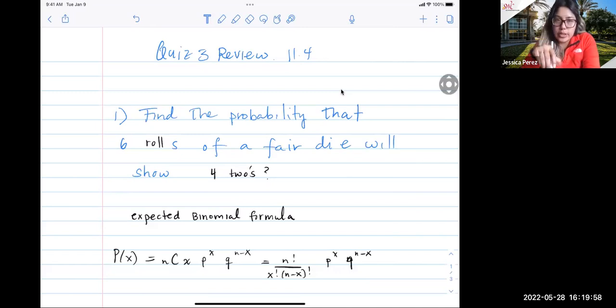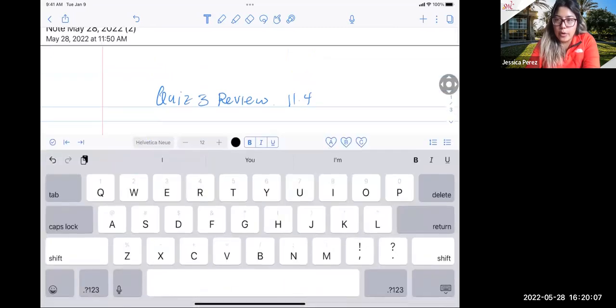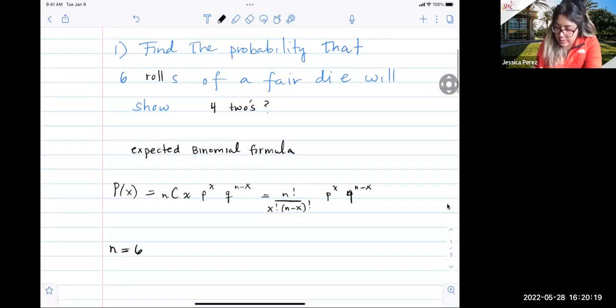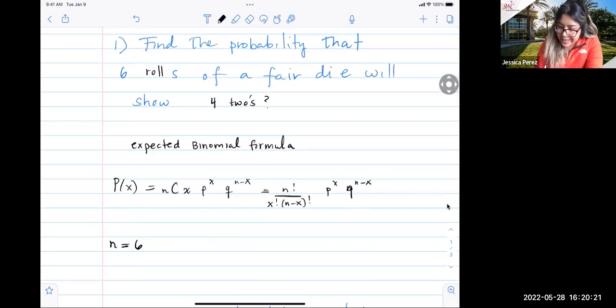So this first question is asking you to find the probability that 6 rolls of a fair die will show 4 twos. So how many trials? The number of rolls is equal to 6. So 6 times you're doing your experiment and you're finding exactly 4 twos.